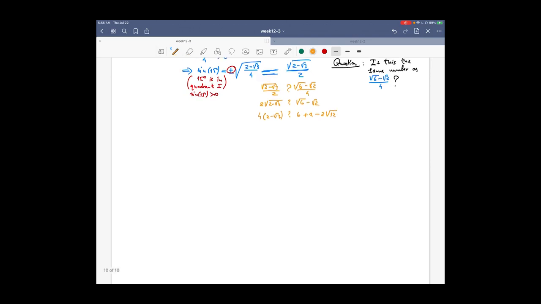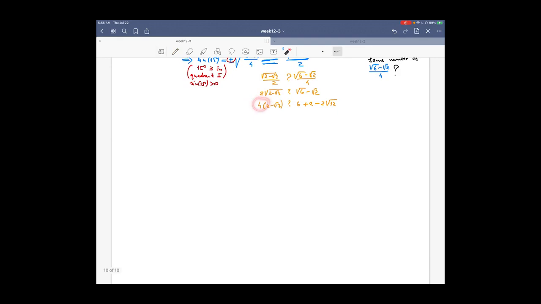So we have, if we distribute the 4 on the left side, 8 minus 4 root 3 versus 8 minus 2 root 12. So that's, of course, negative 4 root 3 versus negative 2 root 12. Cancel negative 2's.